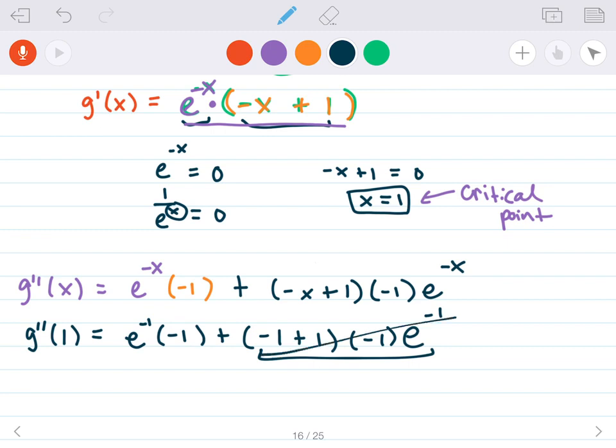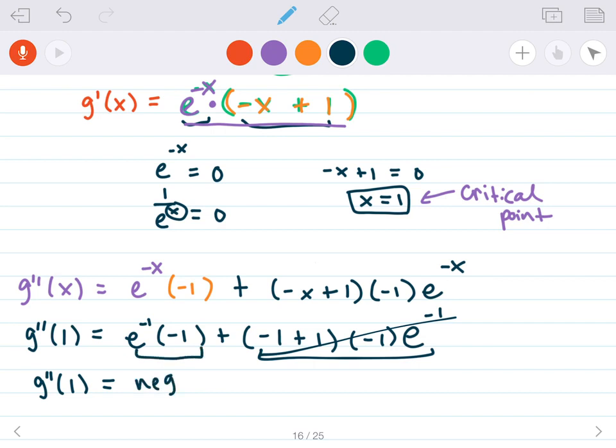So the whole product is 0. And this guy right here, negative 1 times e to the negative 1, is a negative number. It's just negative 1 over e.